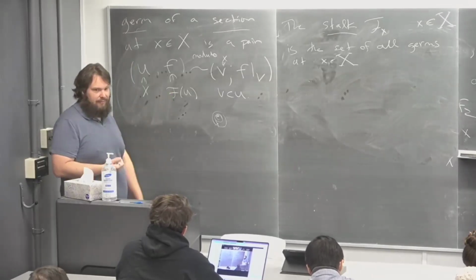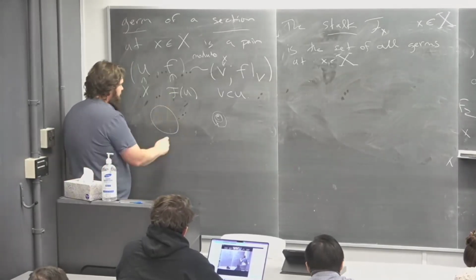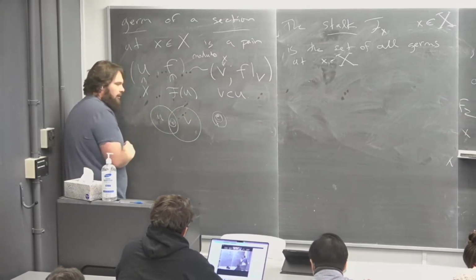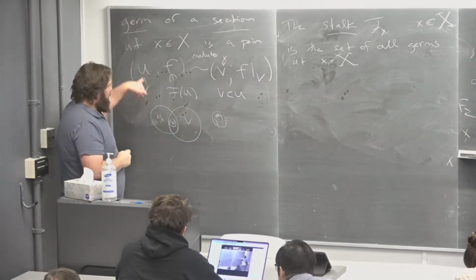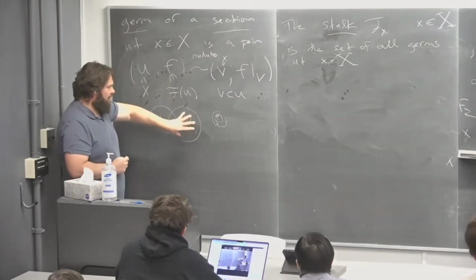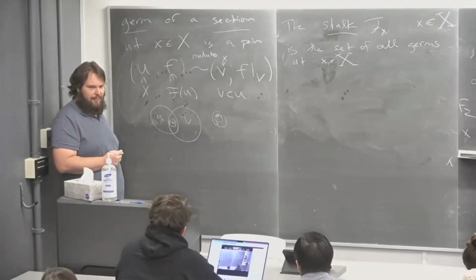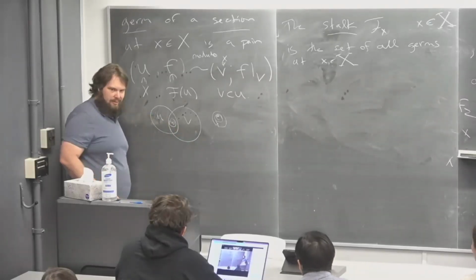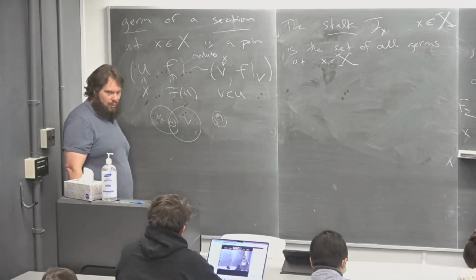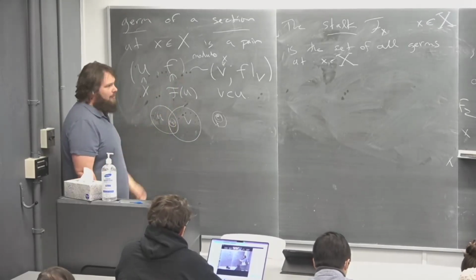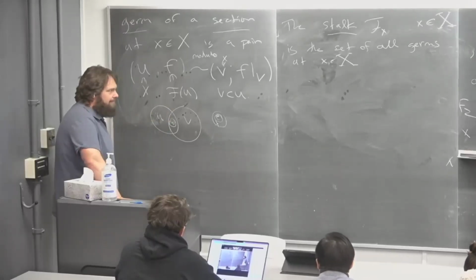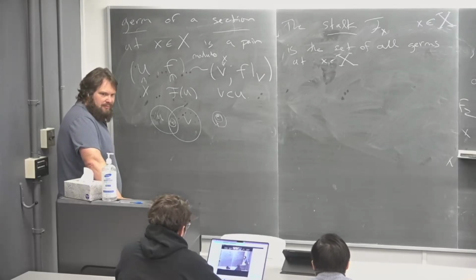More importantly, it isn't transitive, because I could take U, V, and W. This says the function on U is equivalent to its restriction to W. It also says the function on V is equivalent to its restriction to W. So those are equivalent there. So you want to take this relation and complete it to an equivalence relation. A more symmetric way of saying it is that there's an open subset of the intersection where they agree. Any other questions?